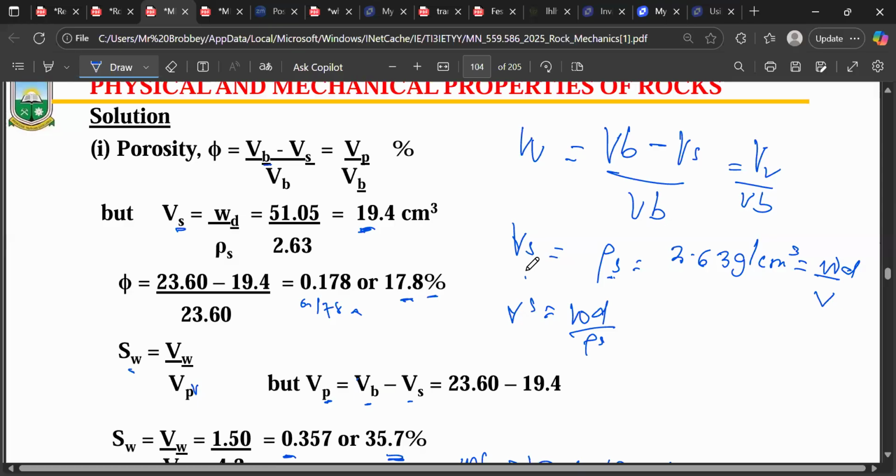And at the end of everything, with my saturation, to check if my answer is correct, it should be equal to 1. I added the saturation for the water plus the oil.